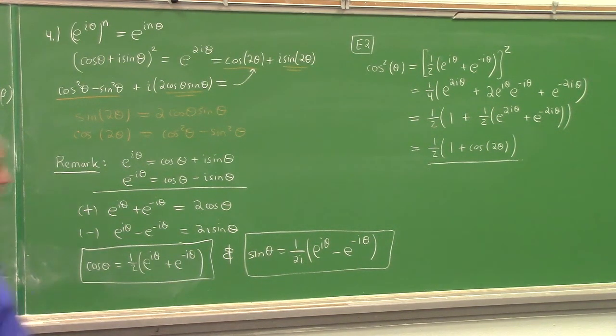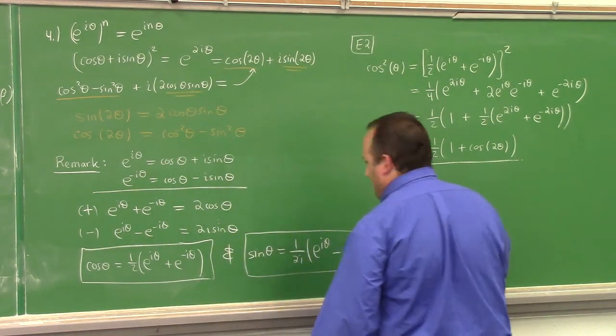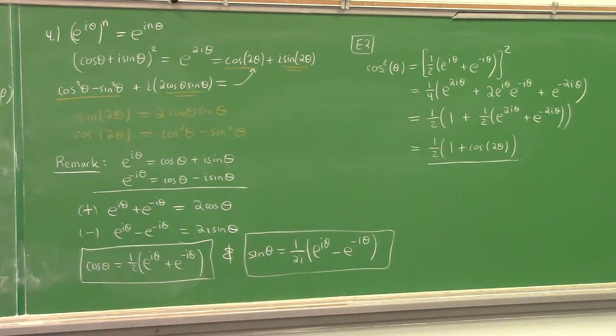So let's look at Z times W, where now we are going to put Z and W into their polar form.